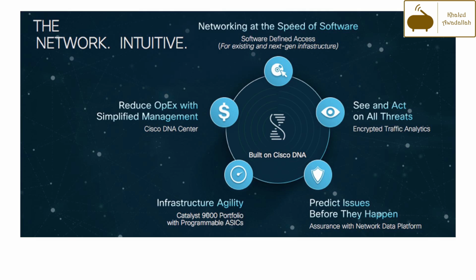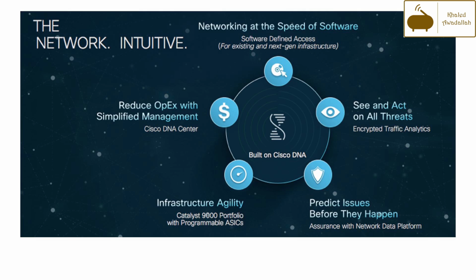Also, DNA Center can predict issues before they happen by using assurance, and we will talk a lot about this assurance module. Cisco DNA Center mainly uses Cisco Catalyst 9K switches, which have powerful assets to support all DNA features. However, some other switches and routers are supported in DNA Center. You can check the compatibility matrix on the Cisco website.